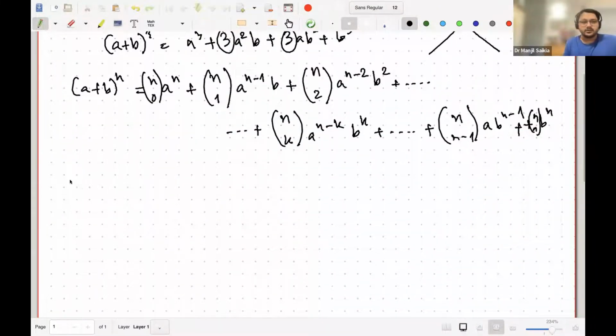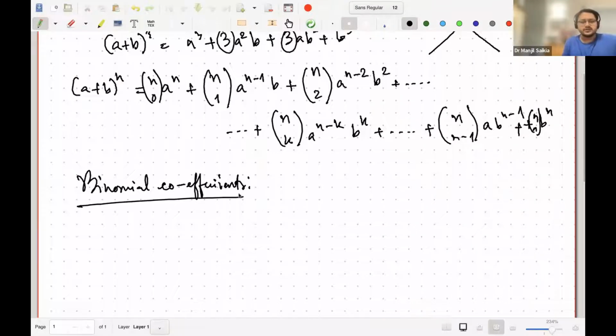So these are the binomial coefficients, and there are several ways of defining them, but since I am going to focus on the combinatorial aspects, we are also going to see a combinatorial definition of the binomial coefficient.